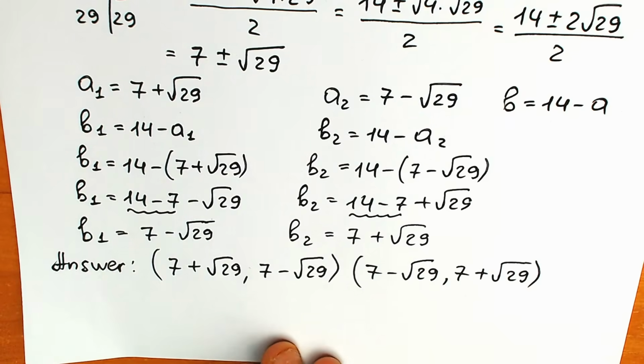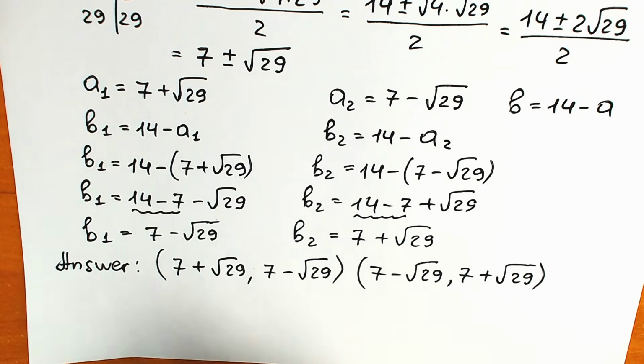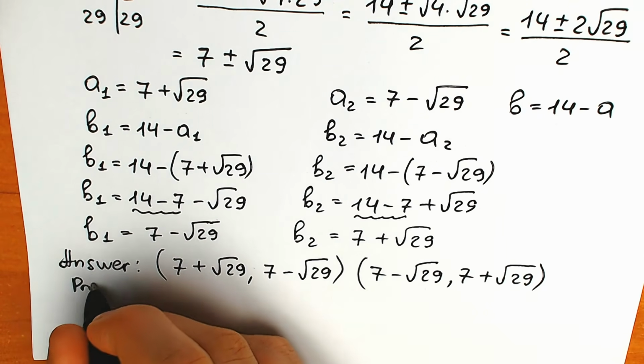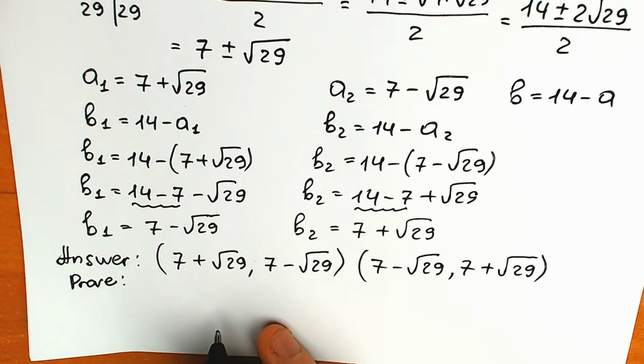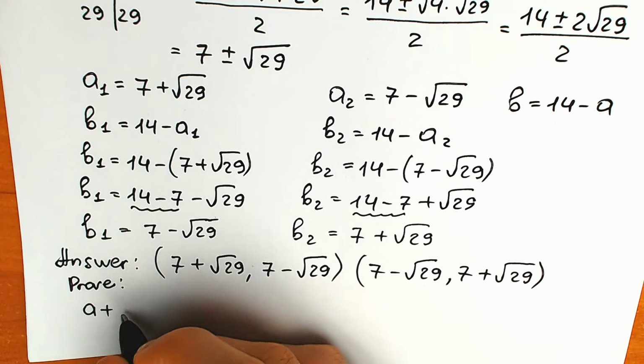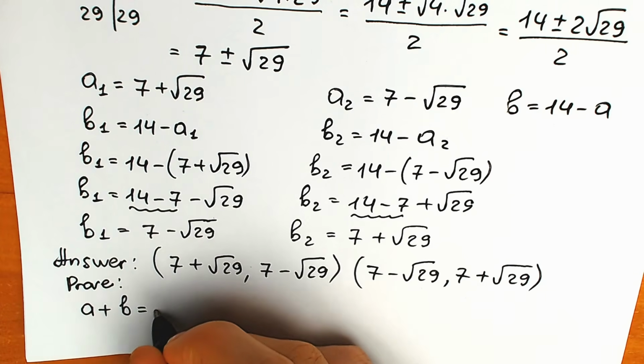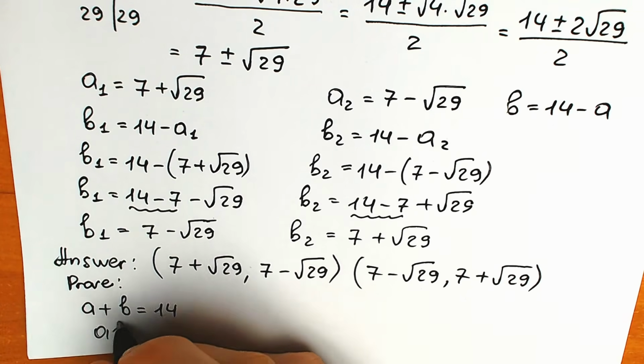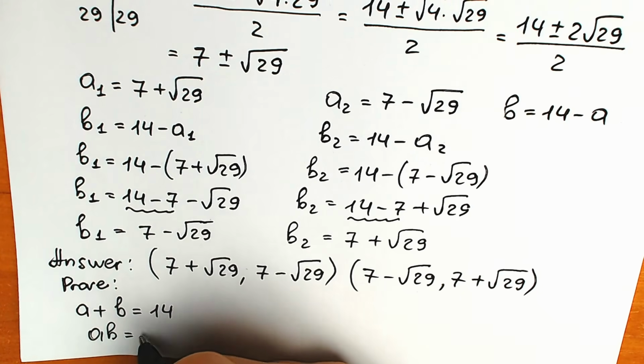So right now let's check it. We have our answer. Let's prove our answer. First of all, I'm gonna write our question from the beginning: a plus b equal to 14 and ab equal to 20.